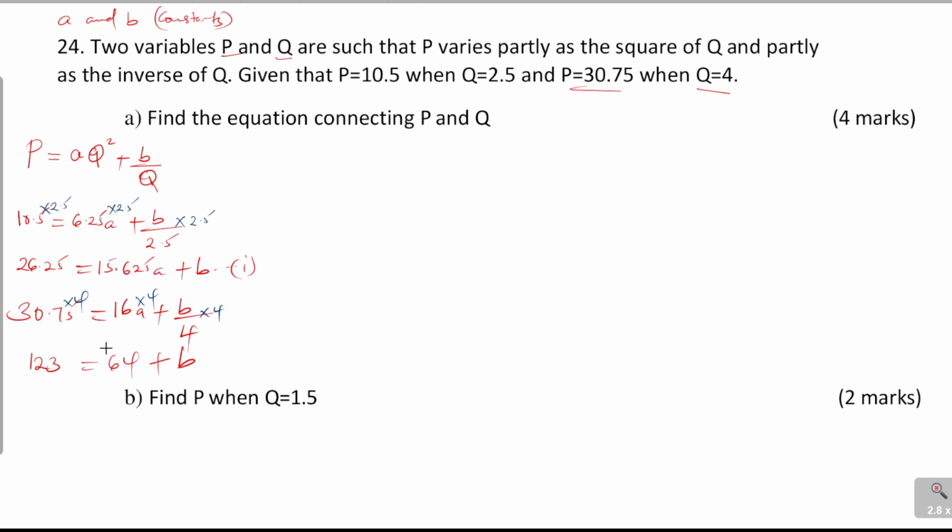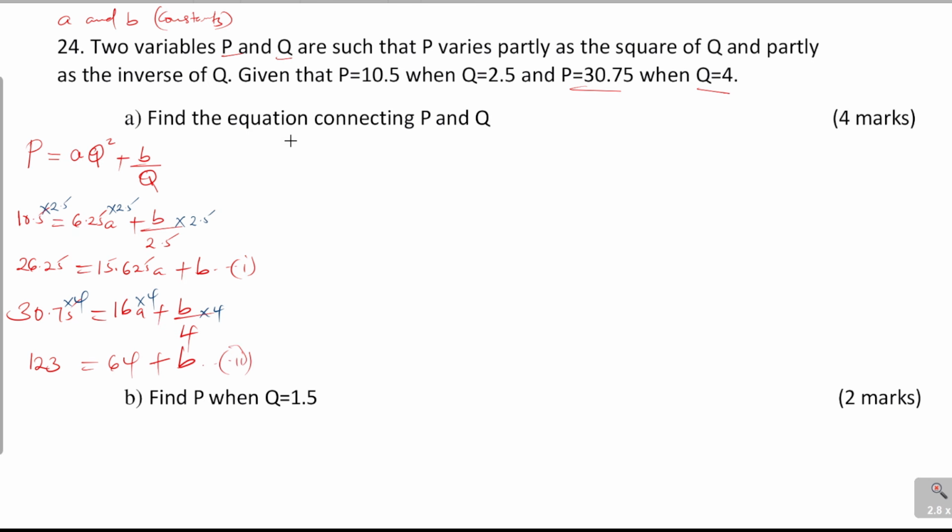So we have the second equation. So when you multiply each term by 4, you get 64a, and that is b. So this is the second equation, like that.